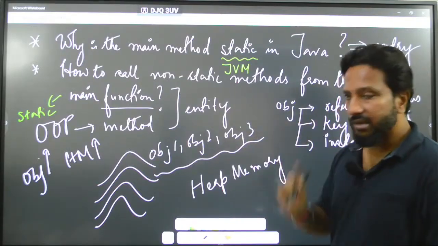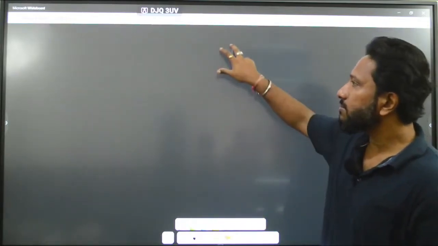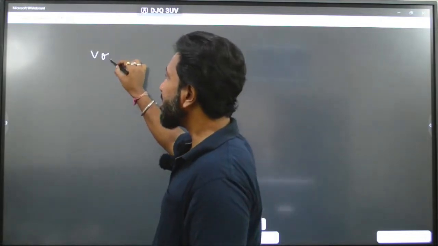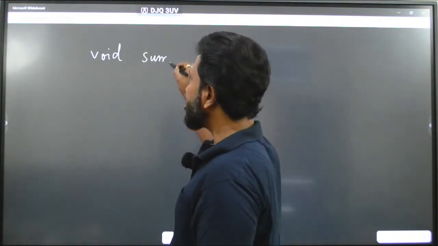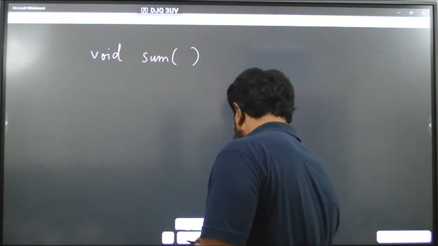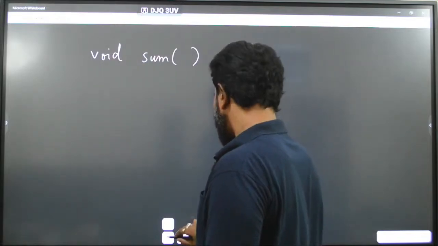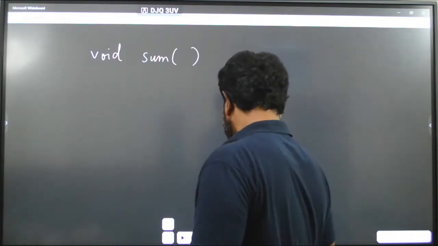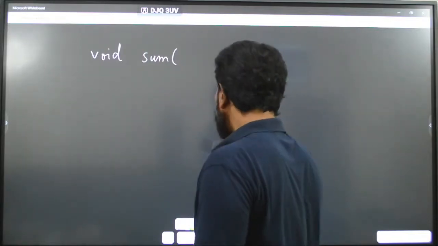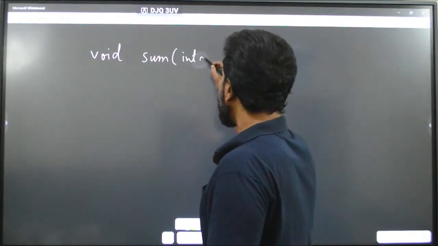the first way to do it is something like this. I have a function void sum that we just now created, where we had int a comma int b.